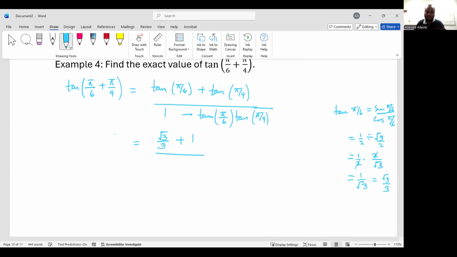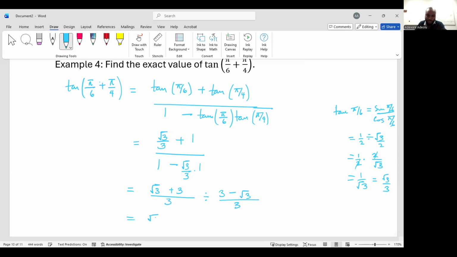So that is easy. 1 minus tangent of pi over 6, we just found that to be root 3 over 3. And tangent of pi over 4, we just found that to be 1. So we have root 3 over 3 plus 1, so for the numerator, that would become root 3 plus 3 over 3, divided by, for the denominator, 3 minus root 3 divided by 3.